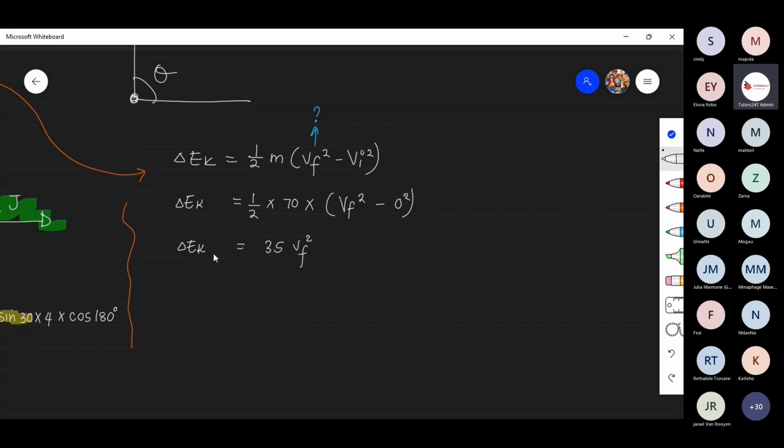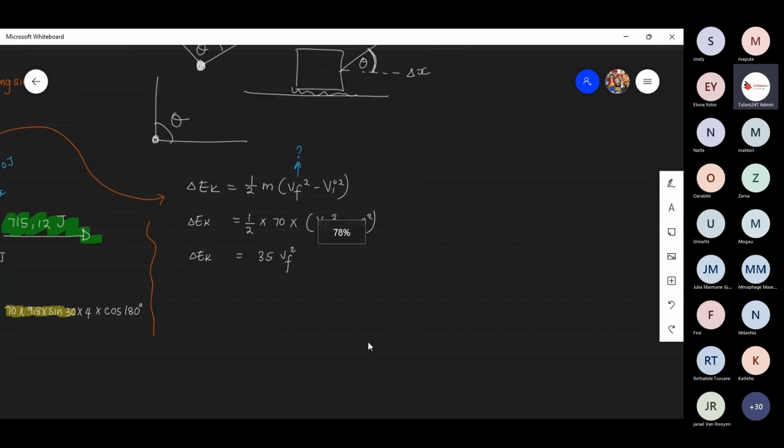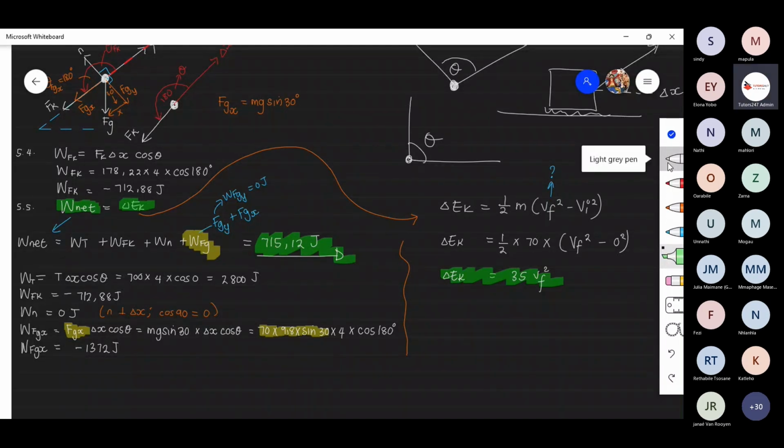Okay, so we have now calculated the net work and we have calculated the change in kinetic energy separately. Our formula has them together, so let us take both the left-hand side and the right-hand side that we calculated and combine them into one formula. If you feel confident and you understand what's going on, you're more than welcome to do both parts in one formula simultaneously.